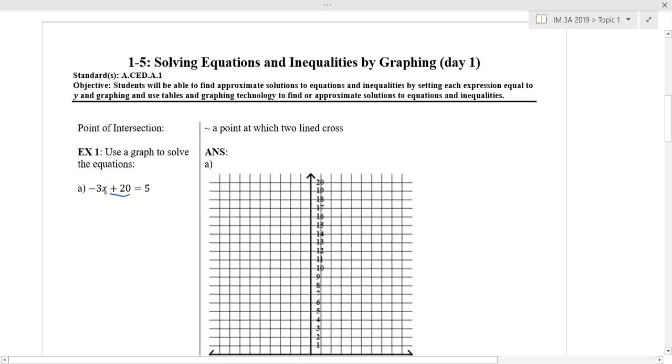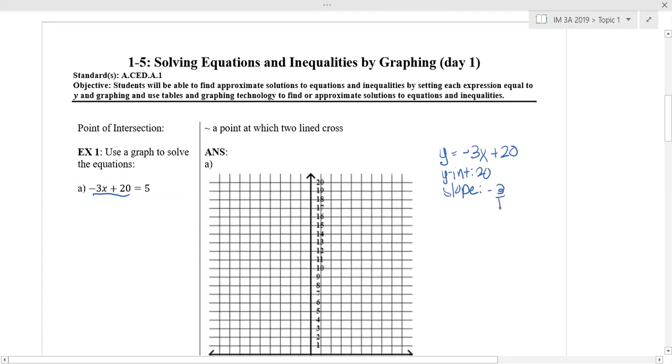either side of the equation and identifying what that graph would look like. So for this first one, the left side is a linear function, negative 3x plus 20. And so what we want to do is graph that line. Notice that this line has a y-intercept of 20 and a slope of negative 3.